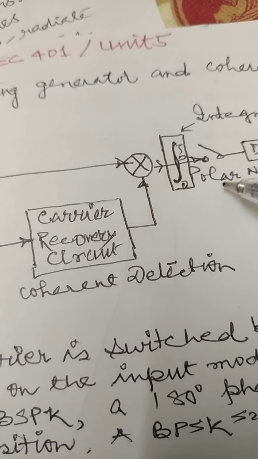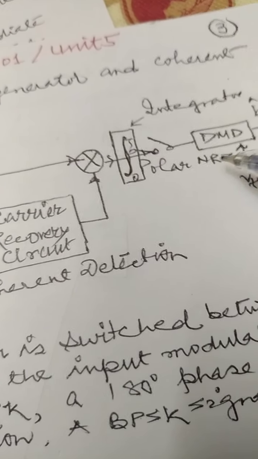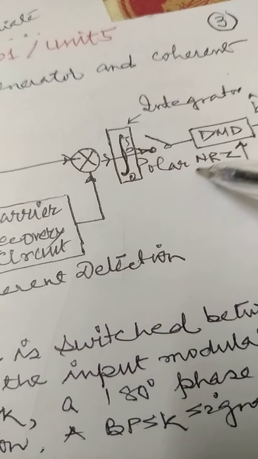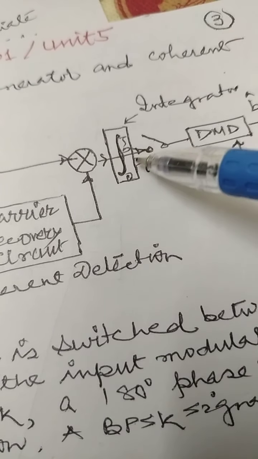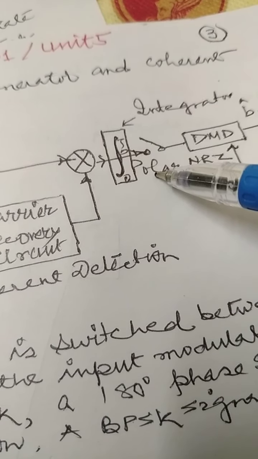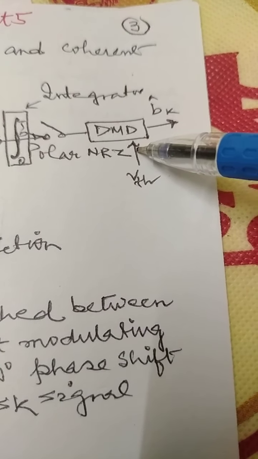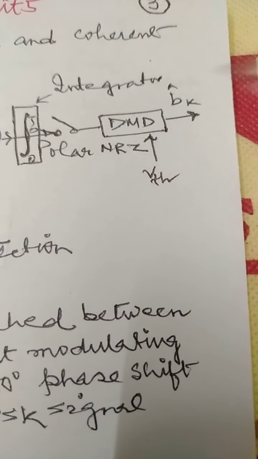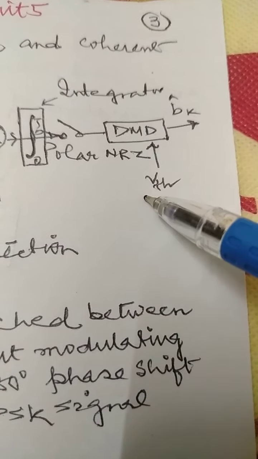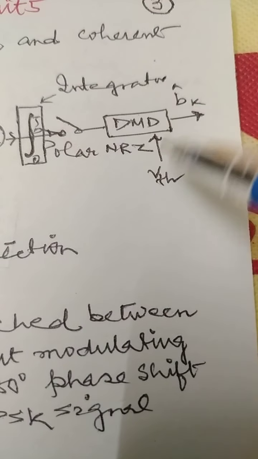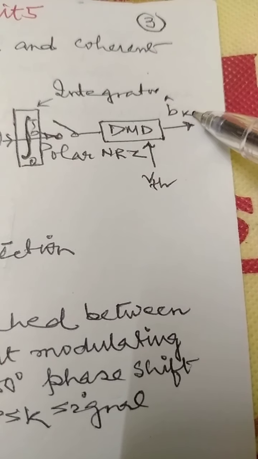After the integrator we have polar non return to zero signals, which may be in distorted form, and then it goes into the decision making device, where the logic zeros and logic ones are compared with the threshold voltage. The decision making device decides whether logic 0 or logic 1 is available. So the binary sequence is given at the output.